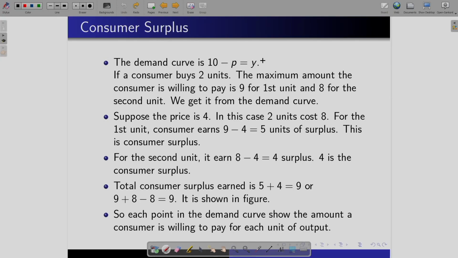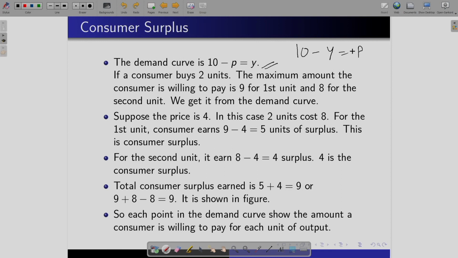Now, let us define another concept, that is consumer surplus. So, when the demand curve is like this, and suppose a consumer wants to buy 2 units. So, now here you see, the inverse demand curve is this, right.